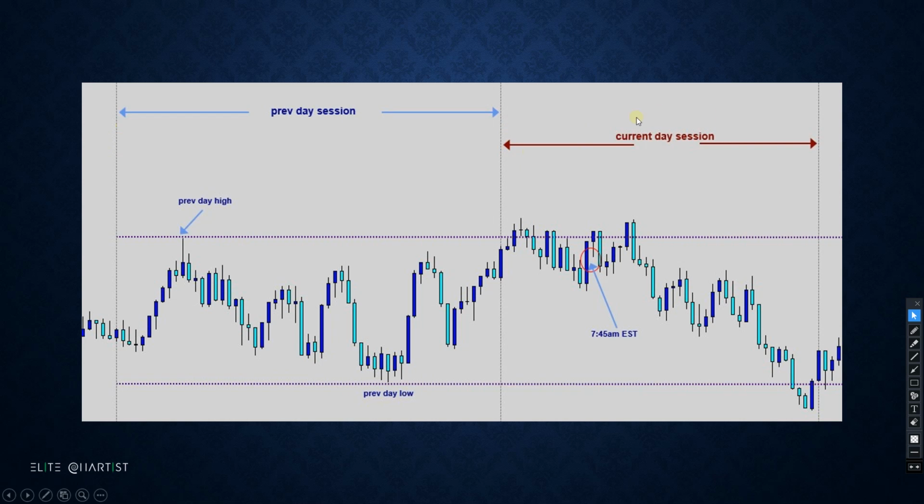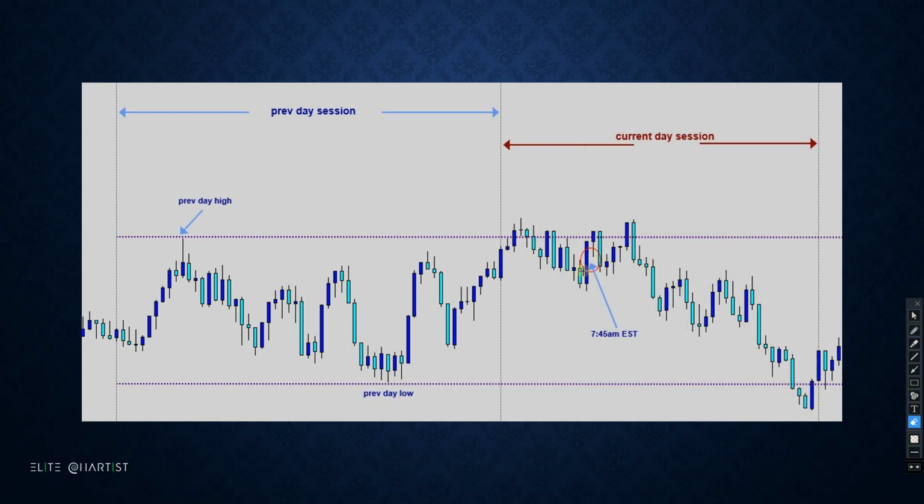Now, this is the current day session in red over here. Now, obviously the day is complete because I took this picture after the fact, which is how I had to pick examples. So we're going to pretend that we are at this point here and none of this has happened yet. This is how we are assessing if it's an inside or an outside day. So what are we doing?